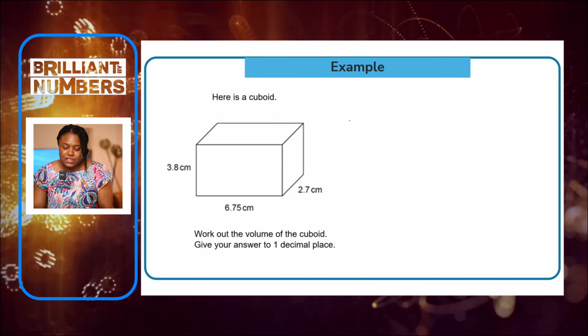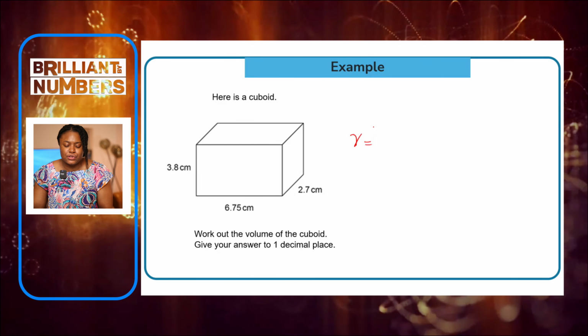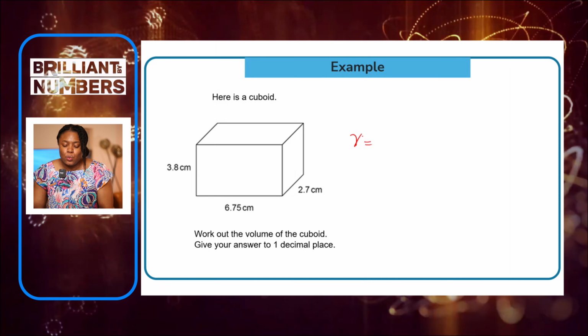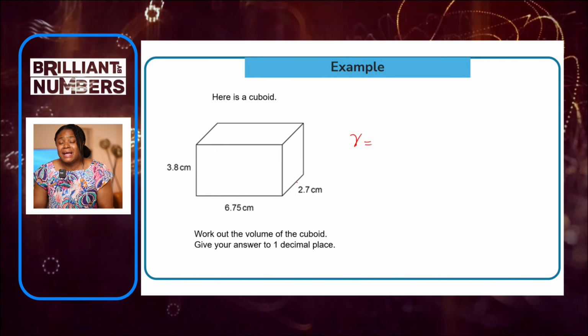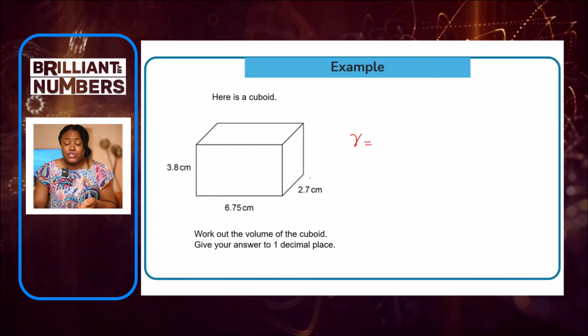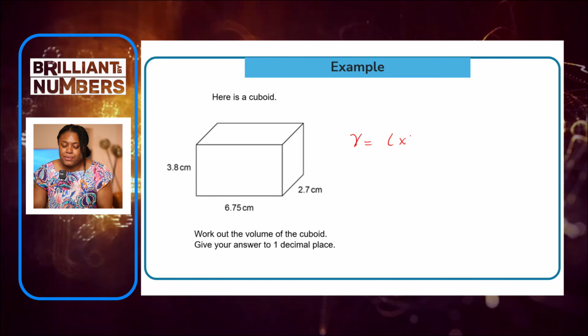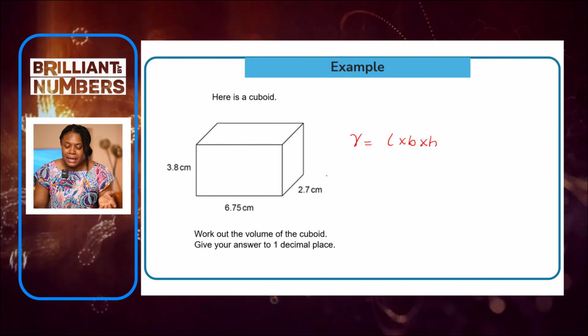So first of all, just to remind you, the volume of a prism, particularly this cuboid here, is the area of the cross section multiplied by the length. But as it relates to the cuboid, we could just do the length times the breadth times the height.